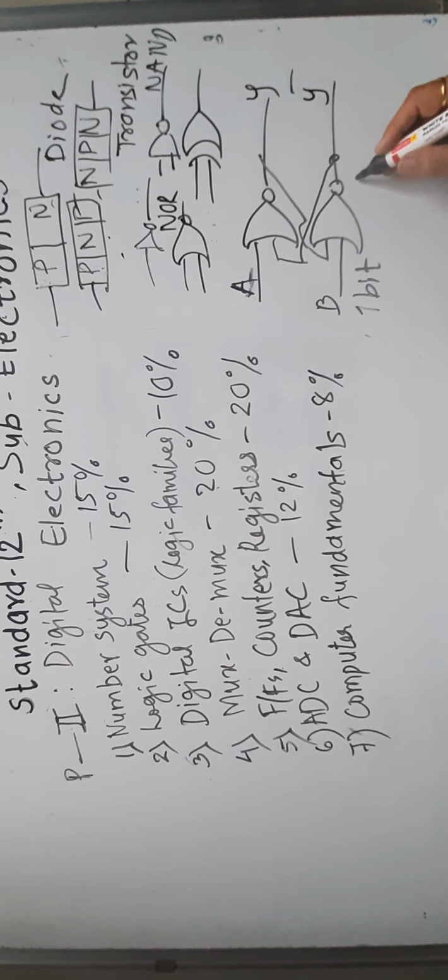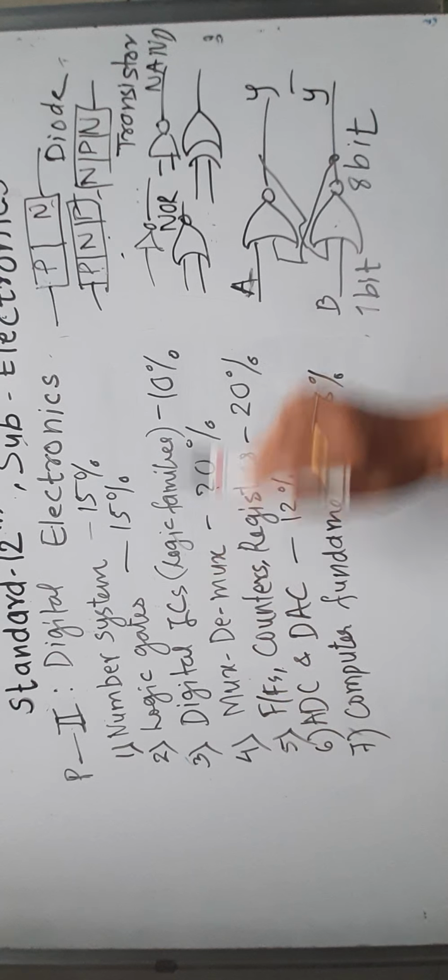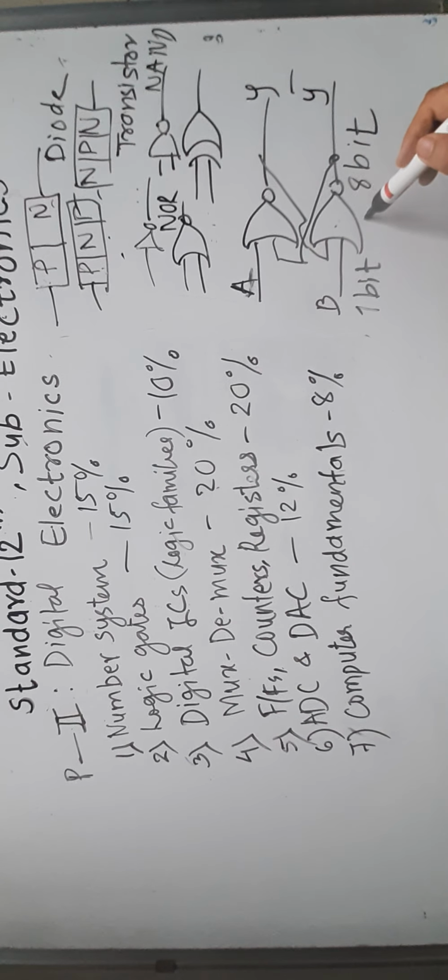If we say 8-bit memory is there, then 8 such flip-flops are connected in series. If 16-bit memory is there, then 16 flip-flops are connected to each other. For 32-bit memory, 32 flip-flops are connected. For 64-bit memory, 64 flip-flops are connected. Now, do you know how flip-flops are formed?